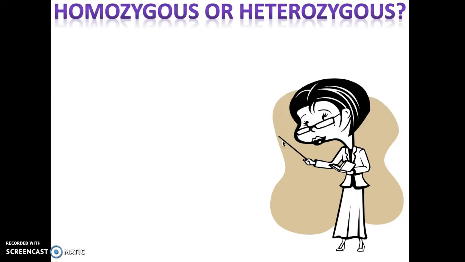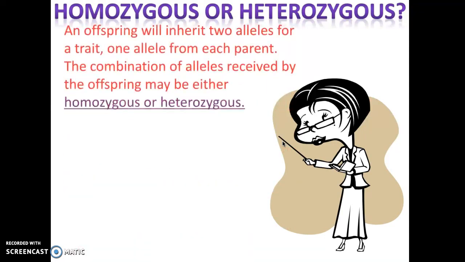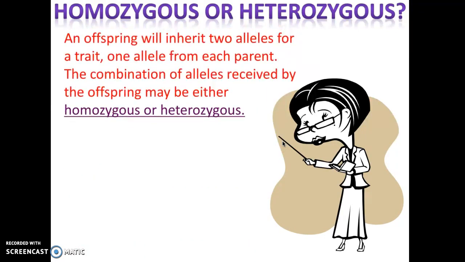Now, homozygous versus heterozygous. This is one of those places where students get confused. Make sure you're paying attention to this, because this is going to be important. You inherit two alleles for each trait.